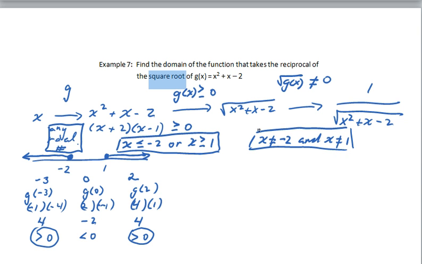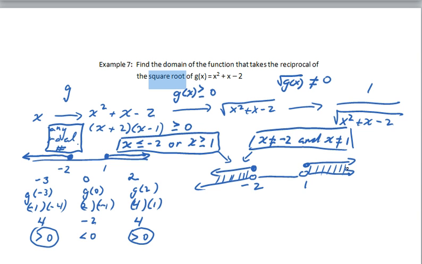So if we draw these two restrictions on the number line, they both involve negative 2 and 1. The first one includes these numbers. The second one includes those. The intersection gives us the answer for this domain.